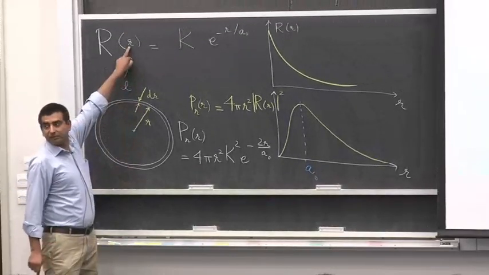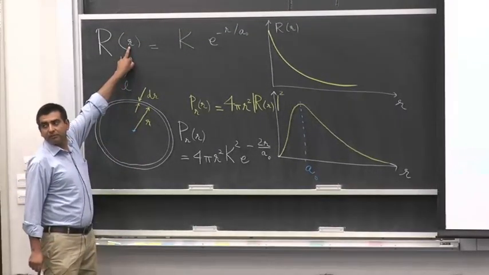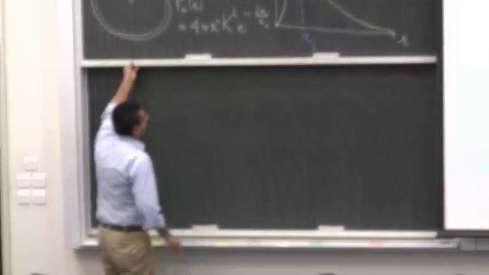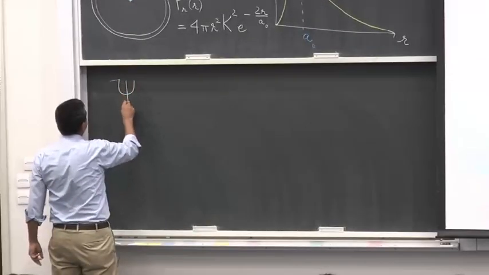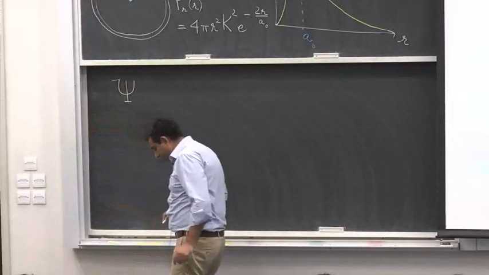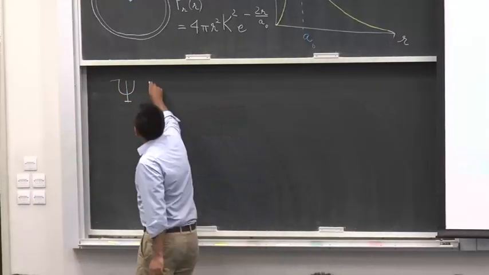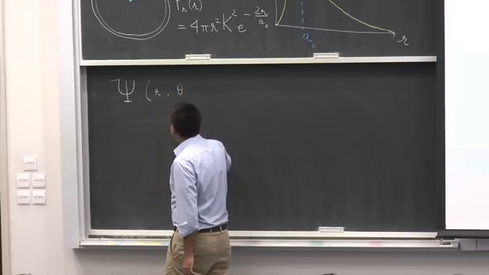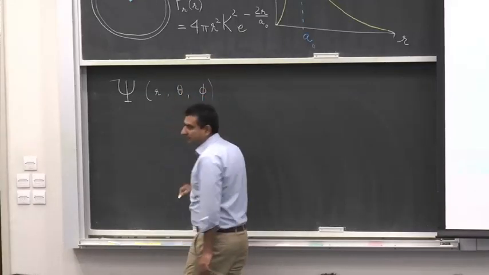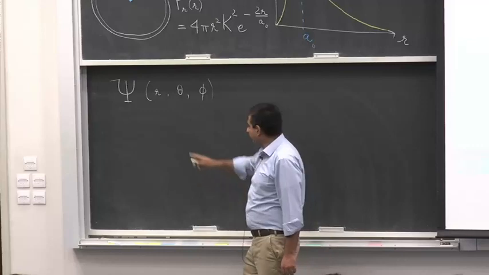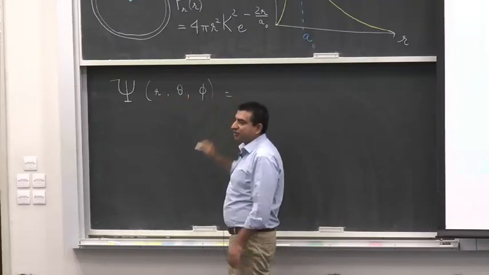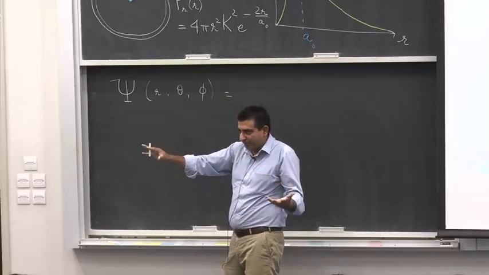This r, all of this. So I have a wave function psi, which is the solution to the Schrodinger equation. This is a function of r, theta, and phi. Do you understand what r is? Now this wave function has been factorized into 3 components.